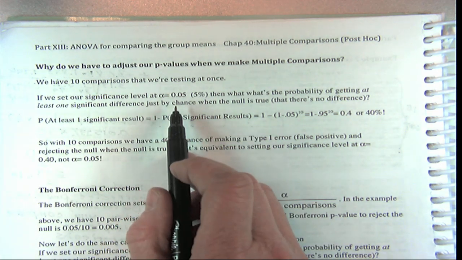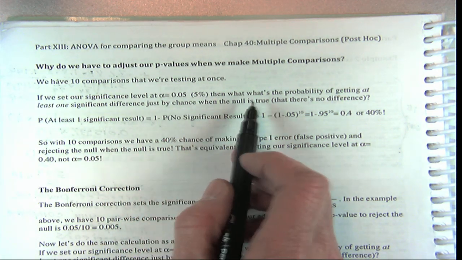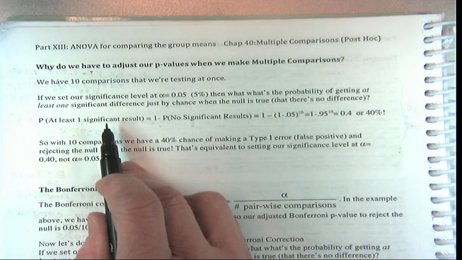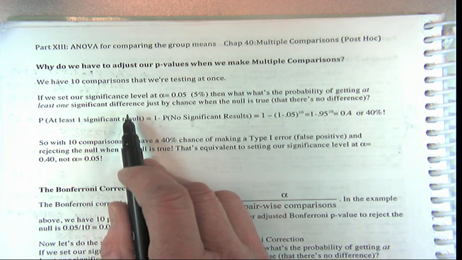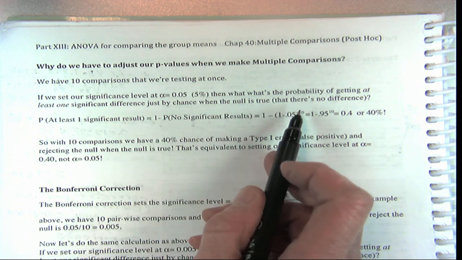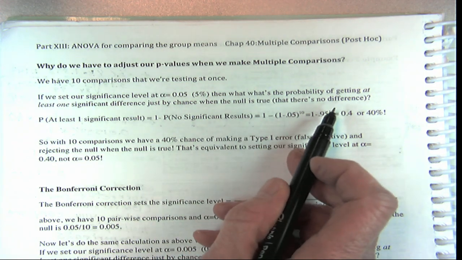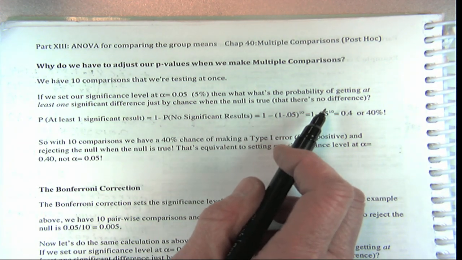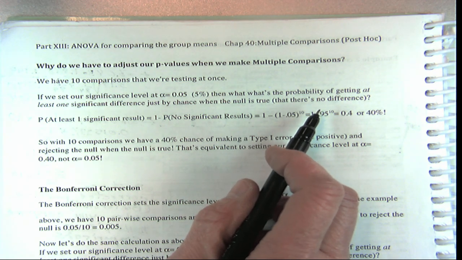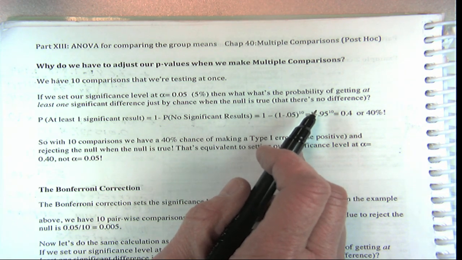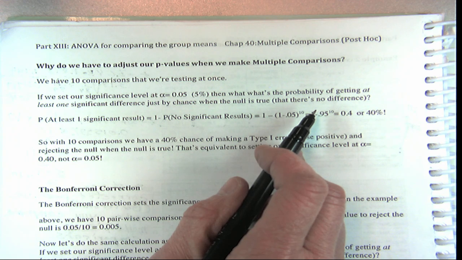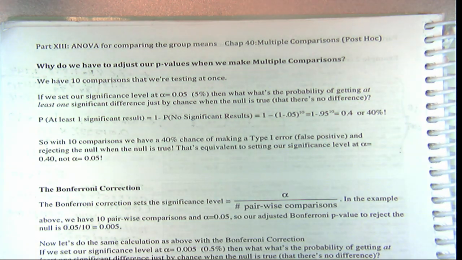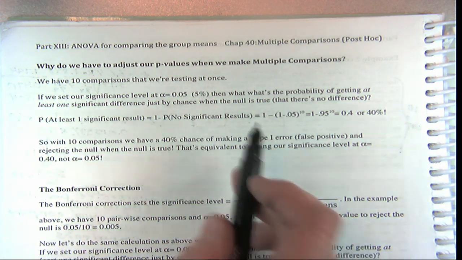So if we set our significance level at 5%, what's the probability of getting at least one significant difference just by the luck of the draw when the null's true, when there's really no difference in the population, they're all the same? But in our sample, just by random luck, they're not going to be exactly the same, so what's the chance of getting such a big difference?